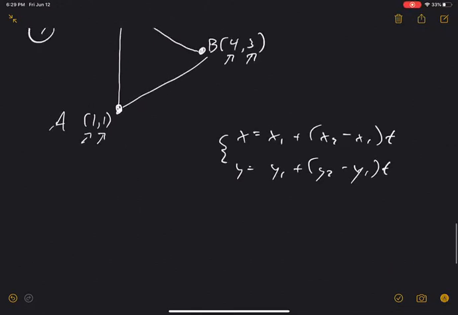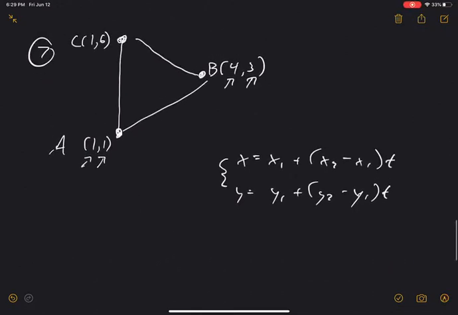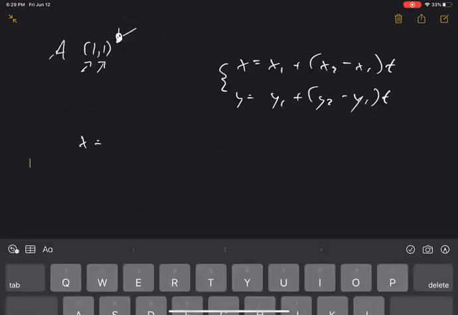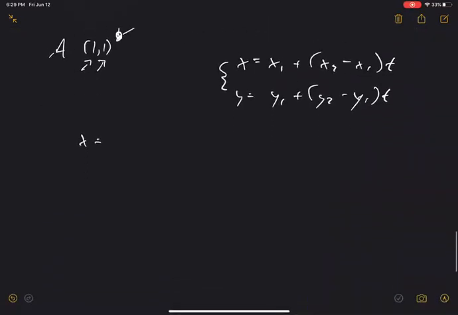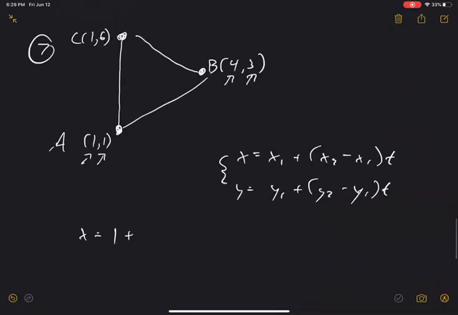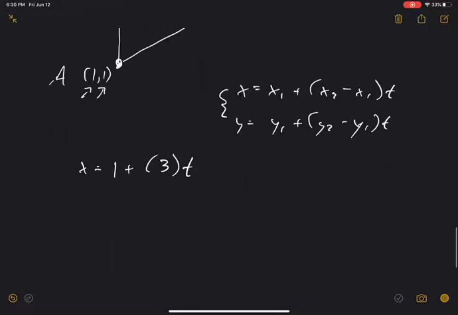So if we do the line segment from A to B, we would get x equals 1 plus (4 minus 1) times t. What's 4 minus 1? That's 3t. So I don't even need the parentheses.